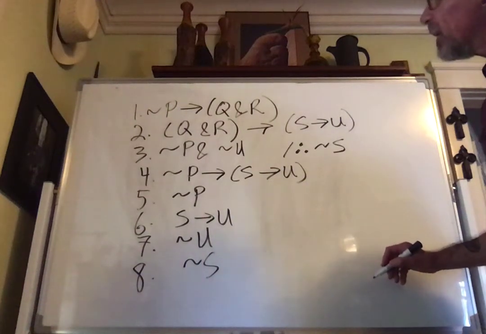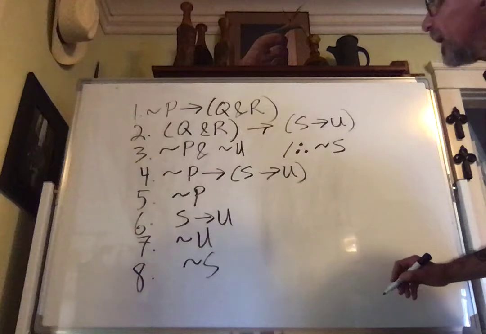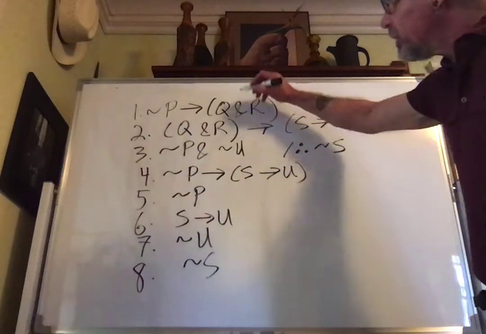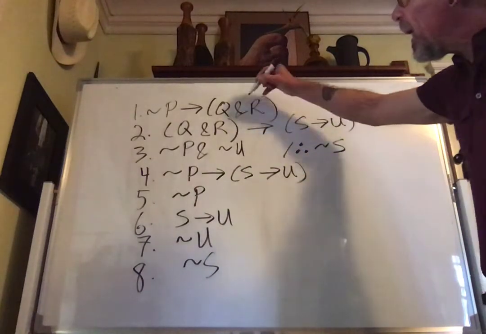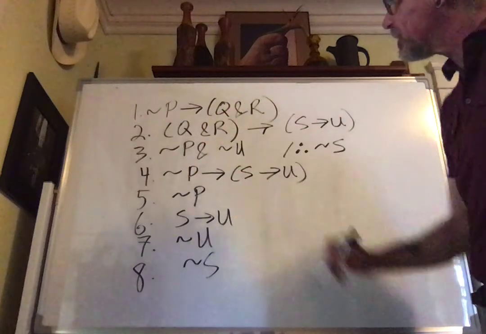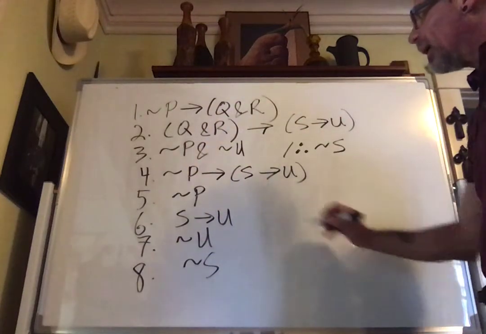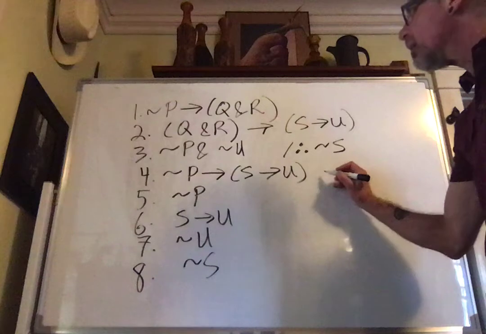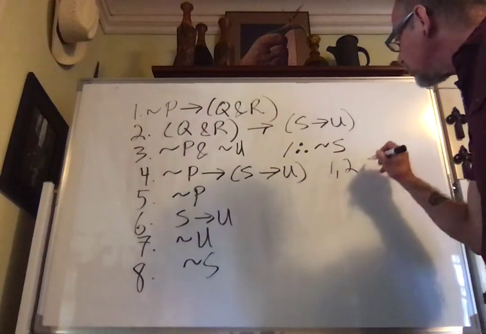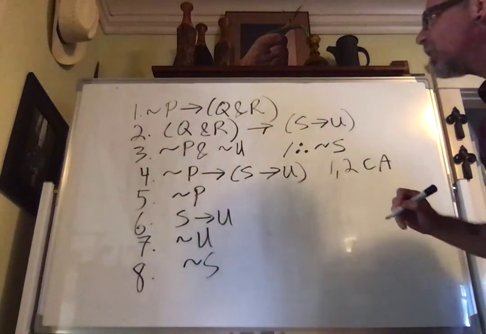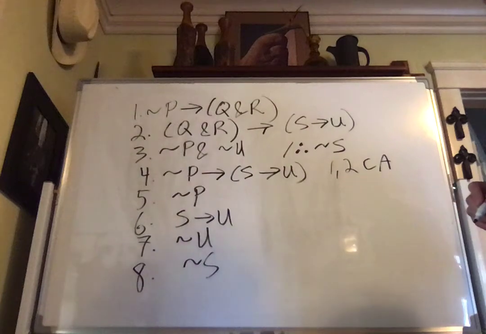I'm noticing if you consider 1 and 2 together, you've got 2 conditionals, and the consequent of one is the antecedent of the other. So we can get line 4 from 1 and 2 by applying the chain argument rule.